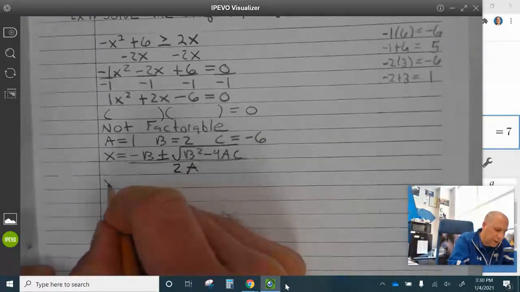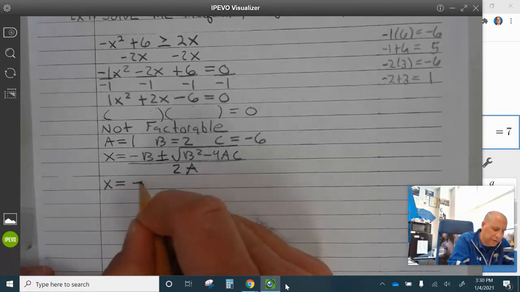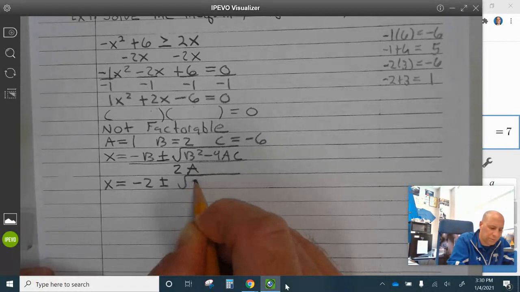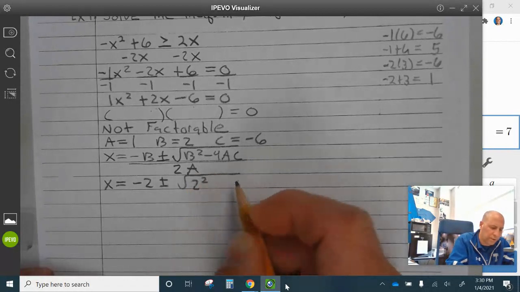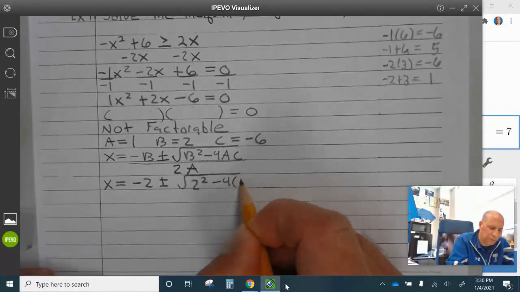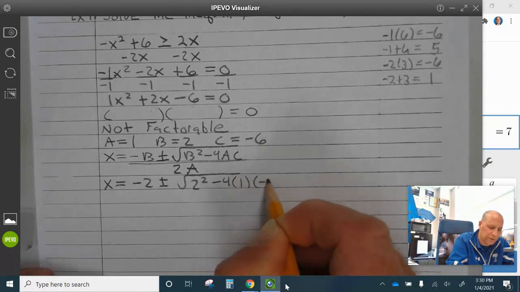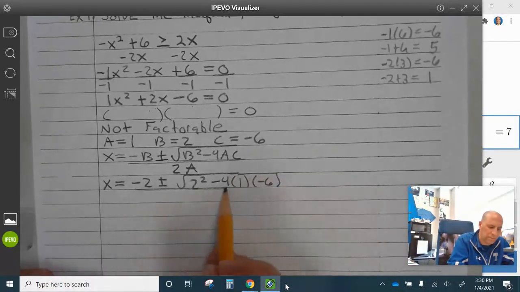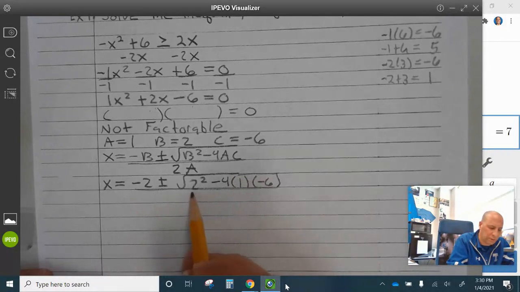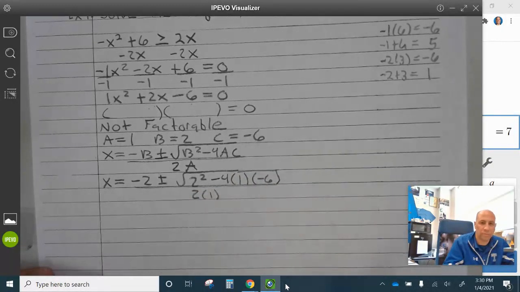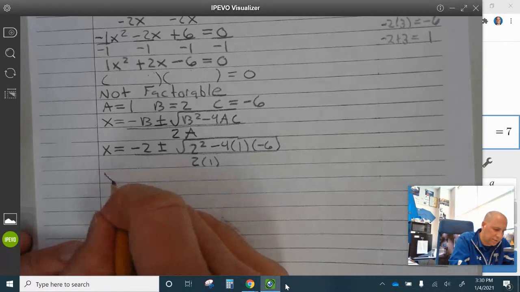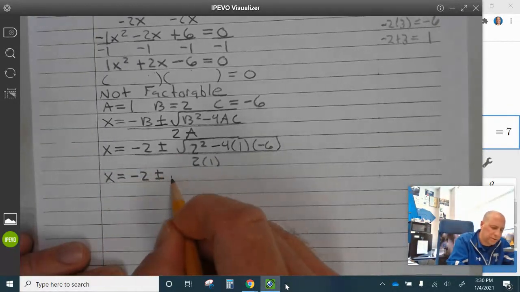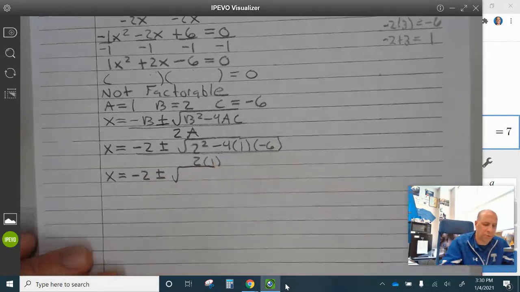Okay, so x equals negative b, which is negative 2, plus or minus the square root of 2 squared minus 4 times 1 times negative 6, divided by 2 times 1. Okay, so then x equals negative 2 plus or minus the square root, and let's go ahead and use Desmos to get that number.